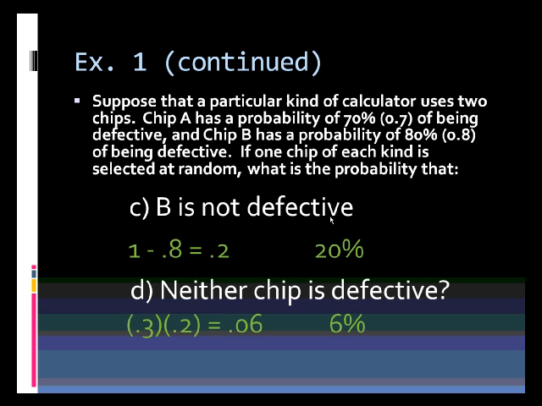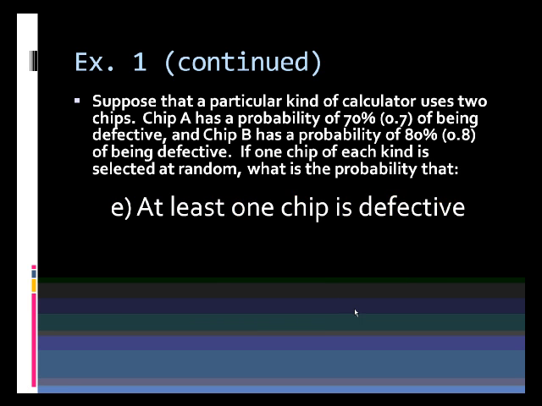Okay? Got to be careful with your decimals here. Some people see that and want to say 60%. But when we multiply those, we will have 6%. Questions? All right.